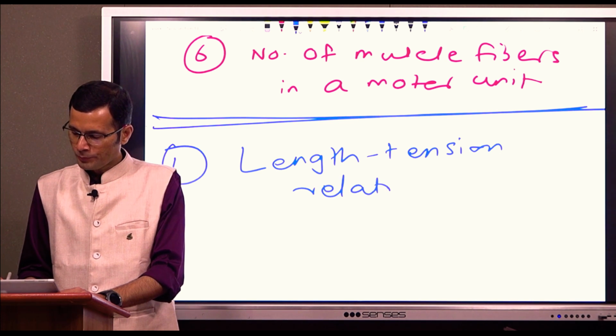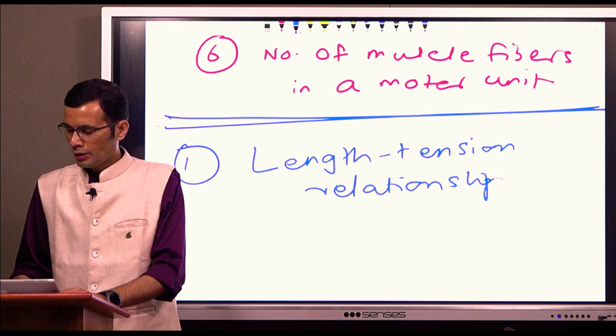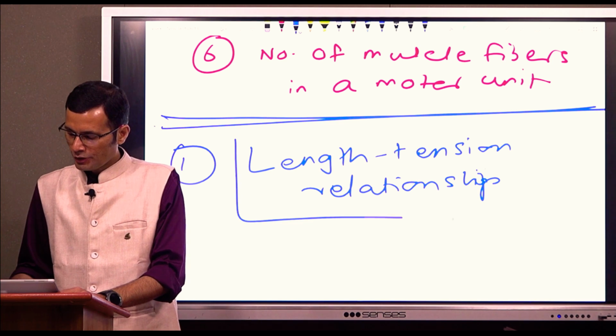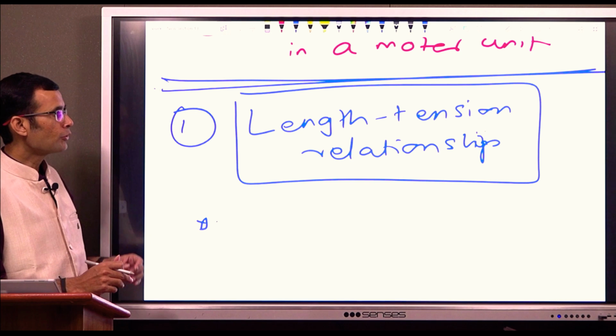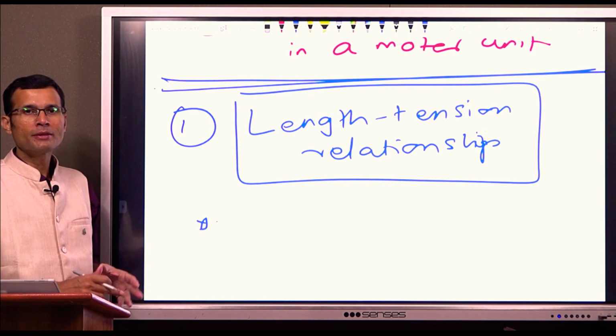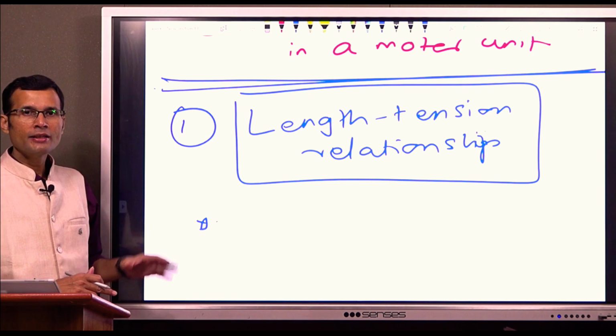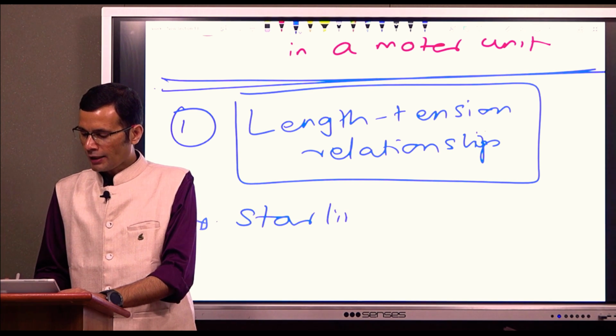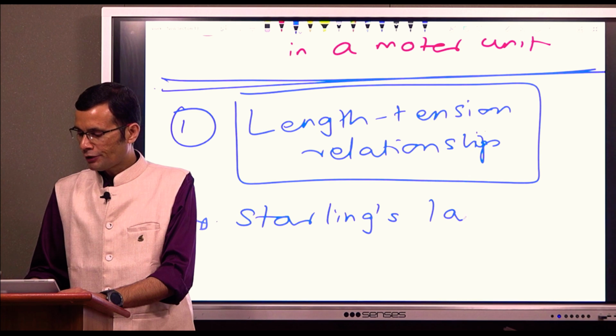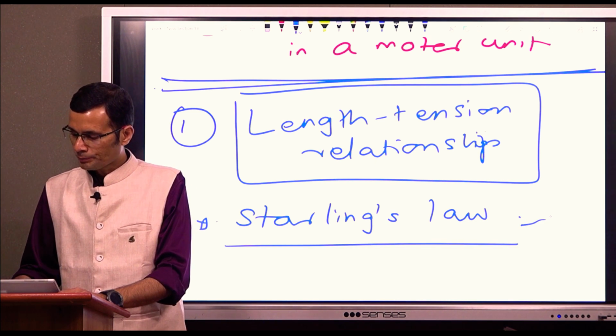And here the first thing that we say is about an important physiological principle, and that is Starling's Law. So it's Starling's Law which we need to understand in this context.